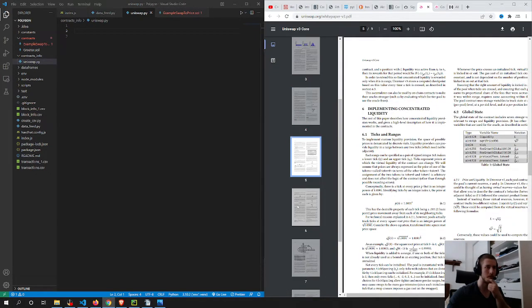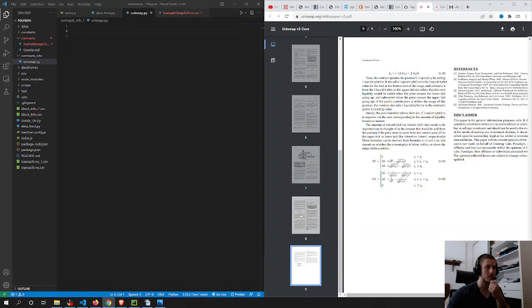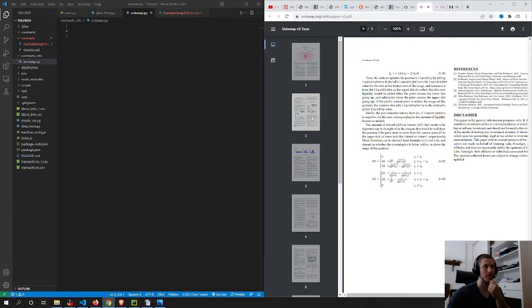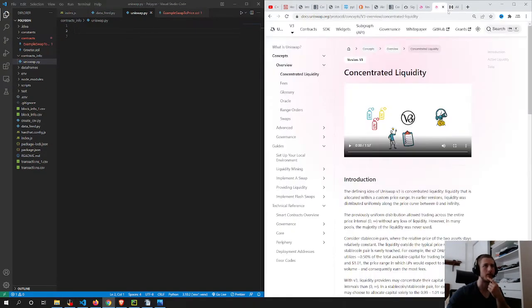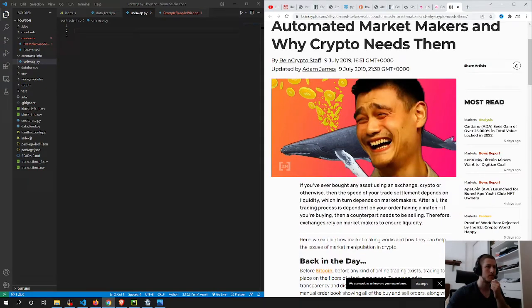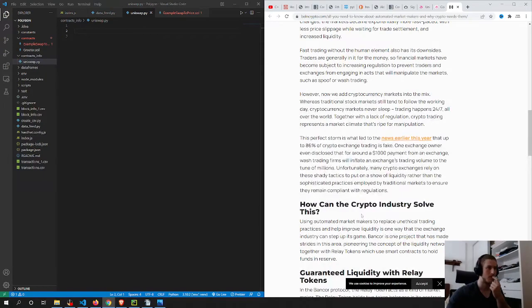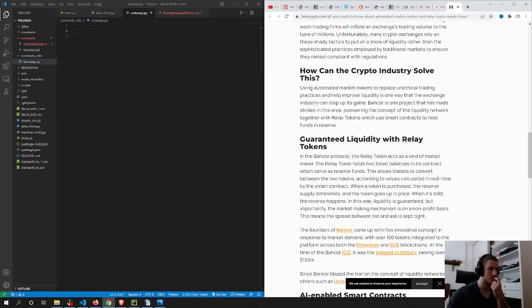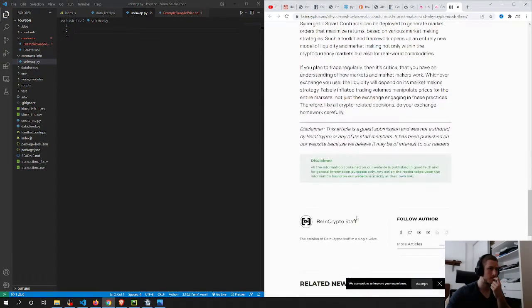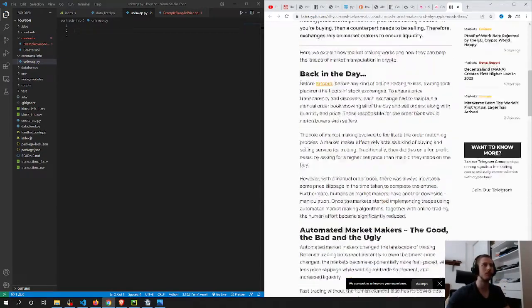So I probably should read this one first. Or maybe not, because the other one is probably a better introduction first, and then I jump into that. So I think I'm gonna close this one.